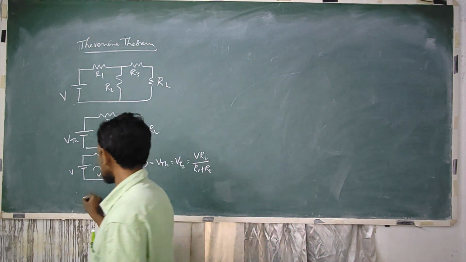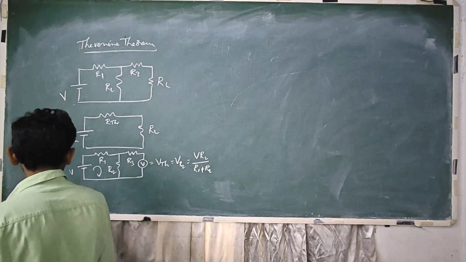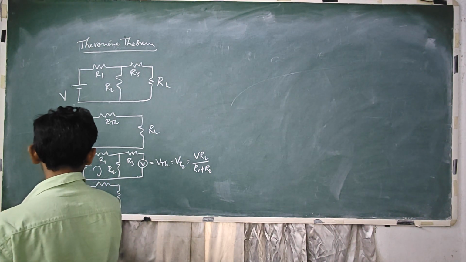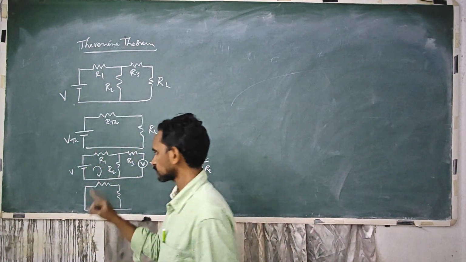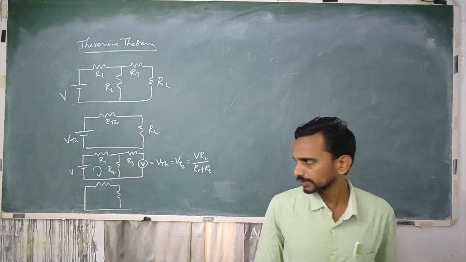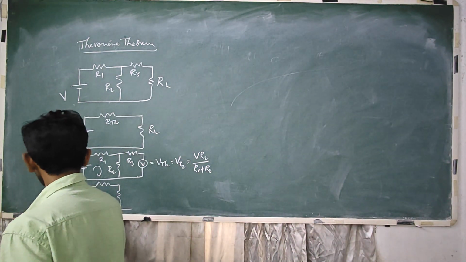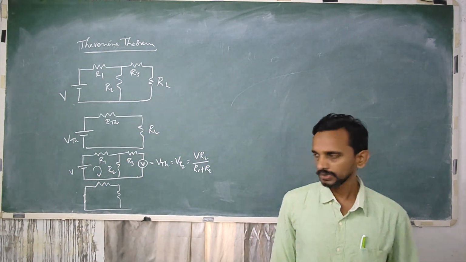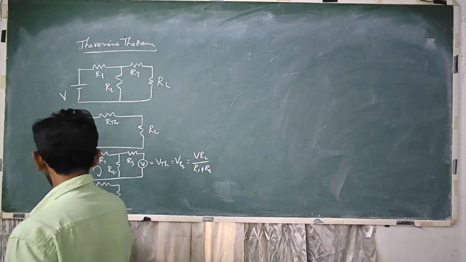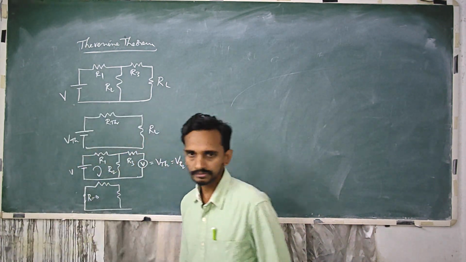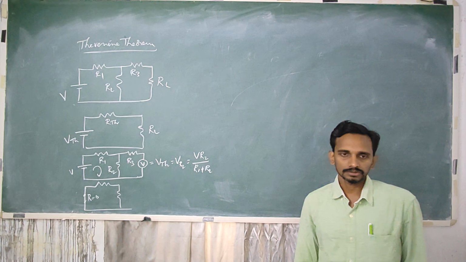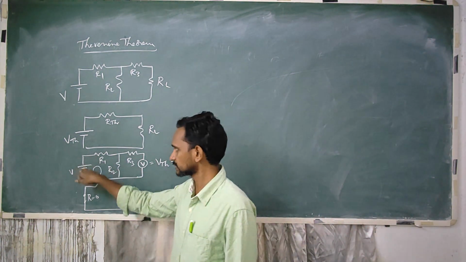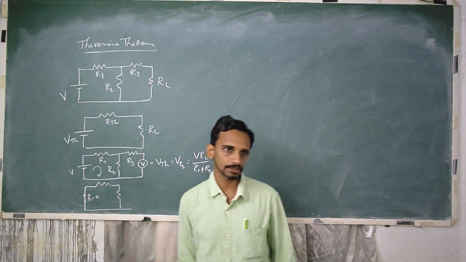And RTH is obtained by replacing the voltage source with its internal resistance. So internal resistance of voltage source is 0, so we have to replace this voltage source with its internal resistance, 0 value of resistance. So here R is 0. So since you are measuring resistance, we have to take resistance only for whatever component in the circuit.